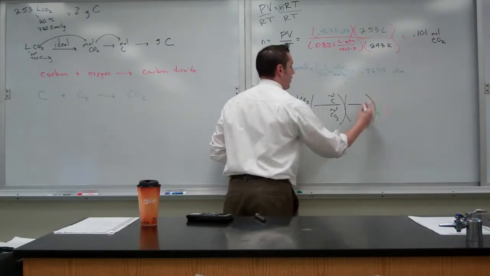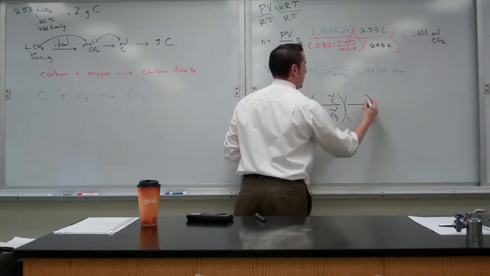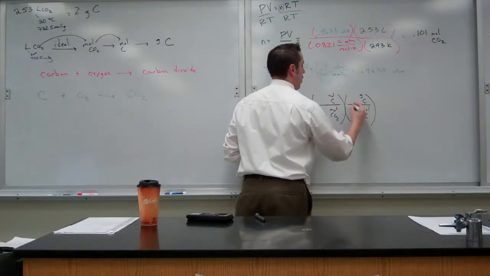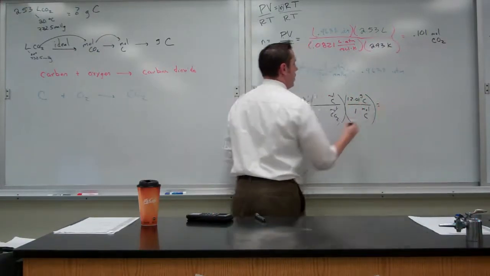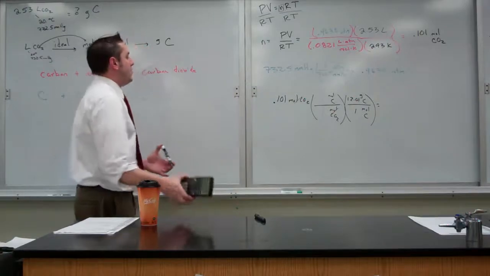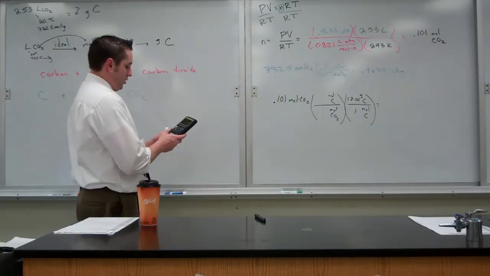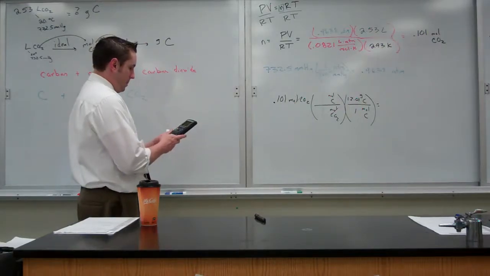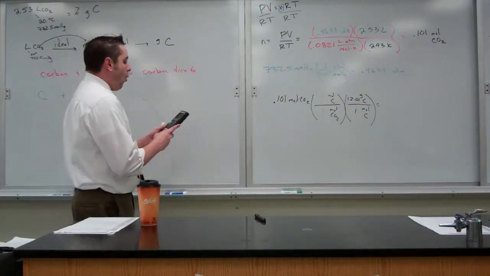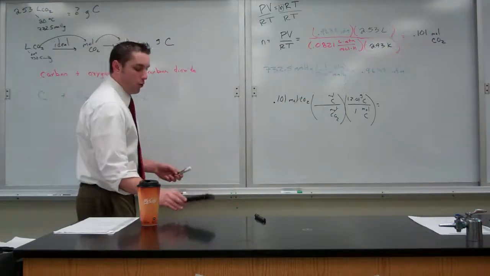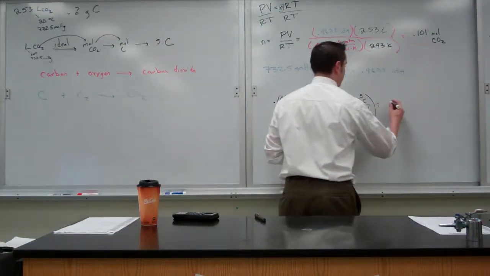And then we convert moles of C to grams of C. 1 mole has 12.01 grams. So we do the math on this to finish up: 0.101 times 12.01, and we get a value of 1.21 grams of carbon.